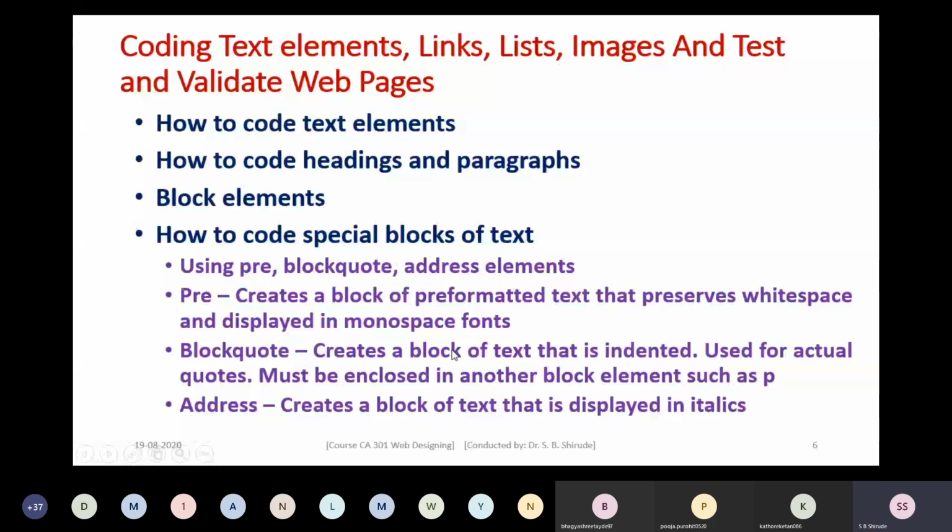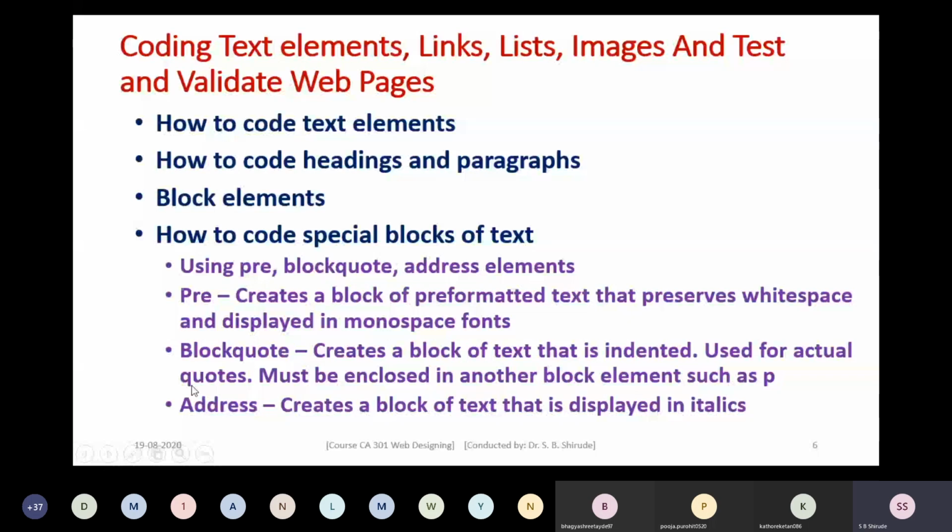If I want to say that person X said something, and then in double quotes whatever statement the person has said, then you include that in the block quote. So if person X said one line, you put that line in a block quote so that it appears as an actual quote. And this block quote element should be used inside another block element such as P. Then only will it render correctly.